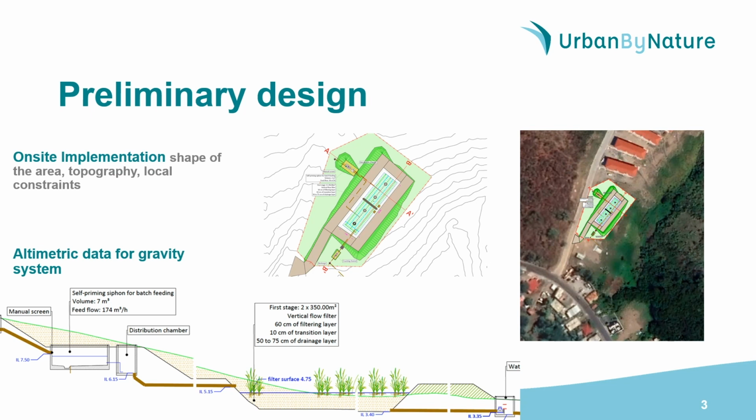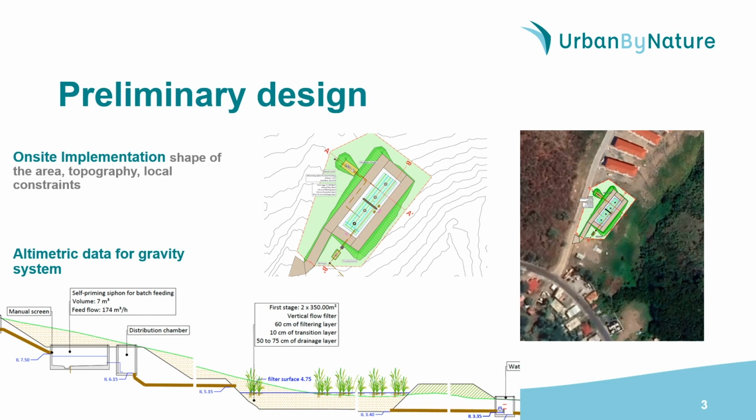As a first step, whatever the process, the preliminary design consists in evaluating the site for the wastewater treatment plant implementation with a special focus on the local constraints, like the shape of the area, the geotechnical and topographical characterization.